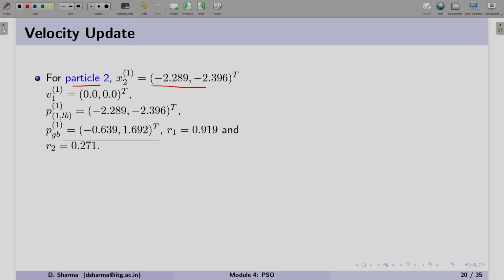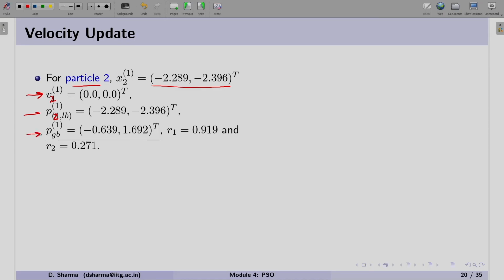Here we have mentioned the column vector of the current position of particle 2. Velocity will be 0, because we started with 0 velocity, and we have the local best of the particle, and similarly the global best.